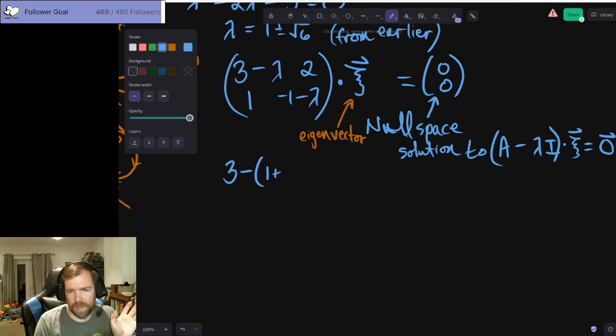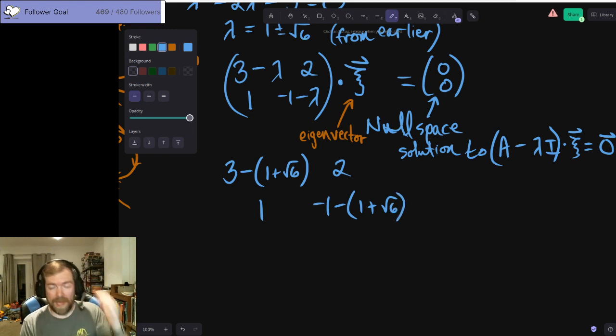So let's just do the positive one first for sake of argument. So 3 minus 1 plus root 6, 2, 1, negative 1 minus 1 plus root 6. And we want that, when multiplied by our xi vector, to equal 0 and 0.